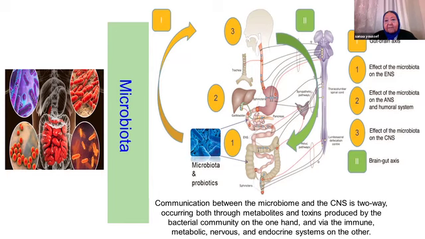So you have the brain-gut axis, or what we recently call the microbiota gut-brain axis. The communication between the microbiome and the CNS is bidirectional. What happens in the brain can affect your GIT, and what happens in your GIT, especially the colon where the microbiome resides, is going to affect the brain. This is mainly through the metabolites and toxins produced by the bacterial community on one hand, and the immune, metabolic, nervous, and endocrine systems on the other.